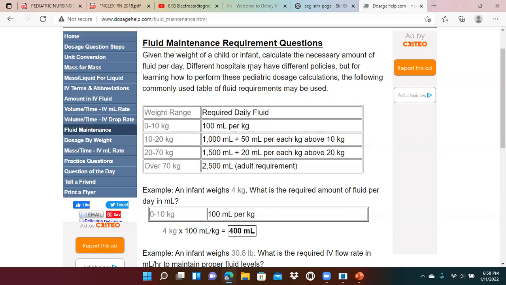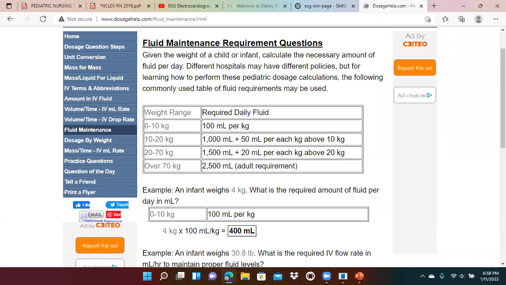Different hospitals may have different policies, but for learning how to perform these pediatric dose calculations, the following commonly used table of fluid required may be used.